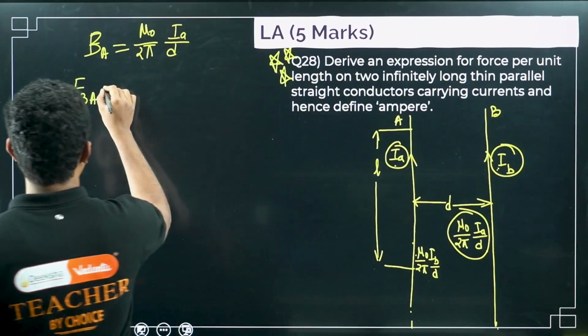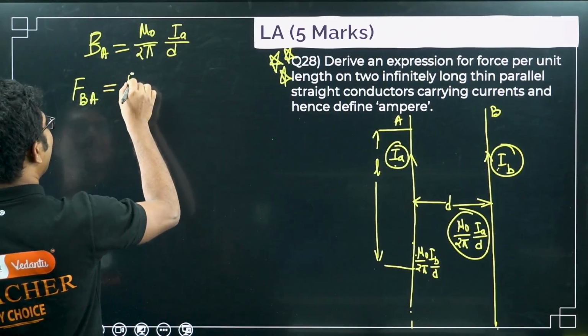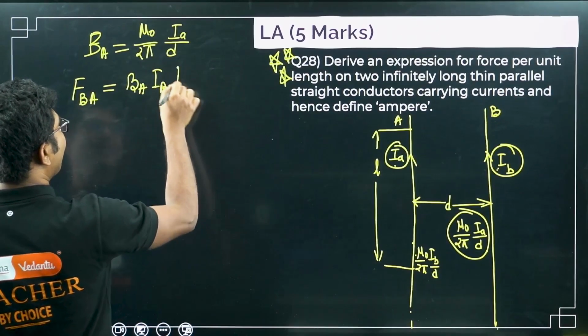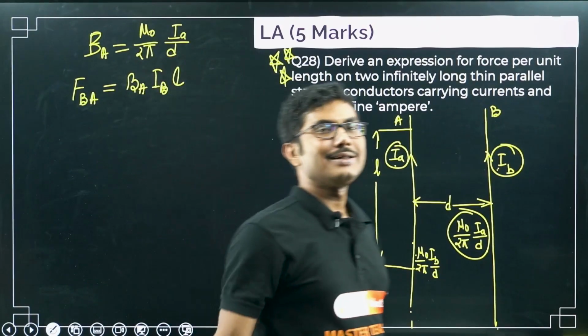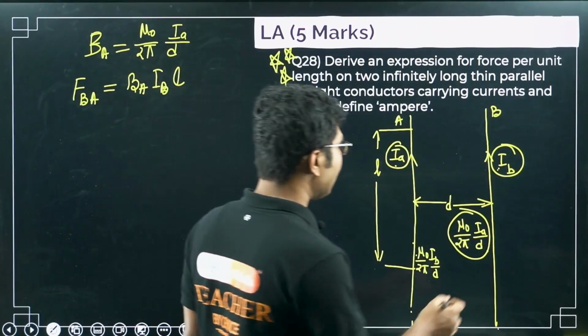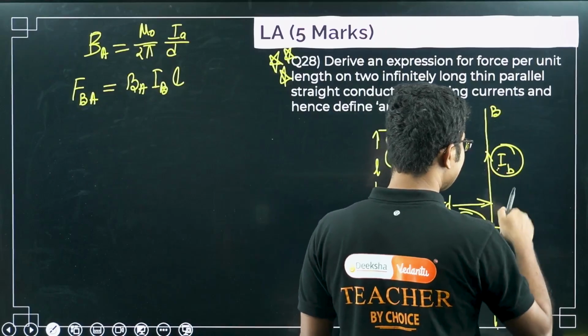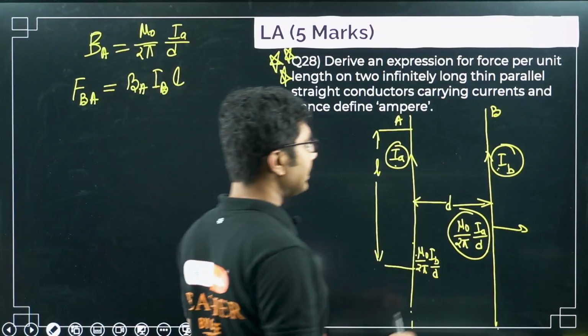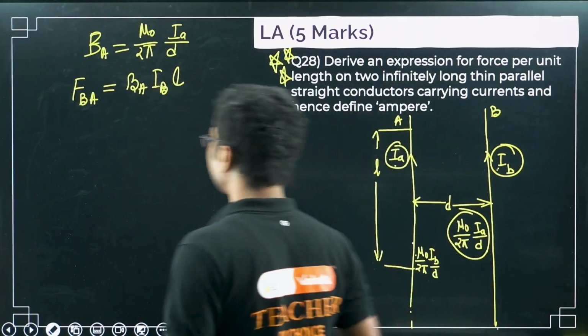We know that it is B I L sin theta. Theta is 90 degrees in this case, since B will be in this direction and the current is in this direction, so we can ignore the theta part.